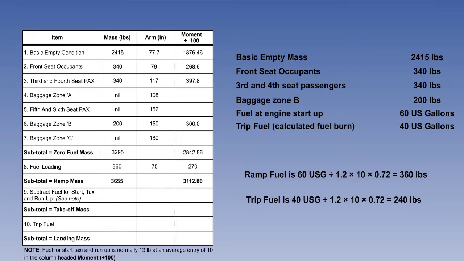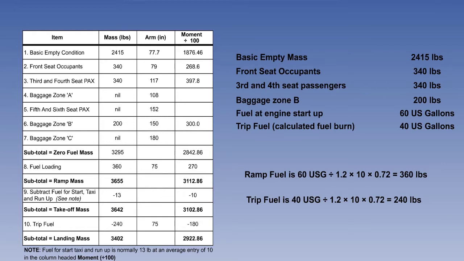The next step is to sum the mass column and the moment column to obtain subtotal ramp mass and moment. We can now calculate the subtotal takeoff mass by subtracting the fuel used for start, taxi and run-up, which is a fixed amount as explained in the note below the table in figure 2.4.